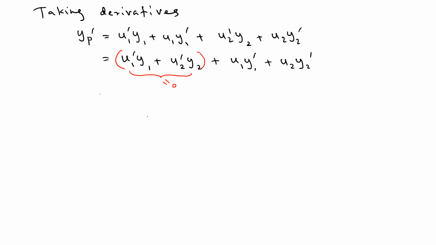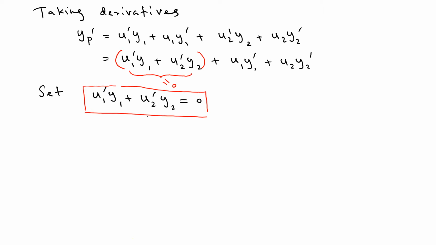We set u1 prime y1 plus u2 prime y2 equal to 0. That is the first equation that we're going to use to solve for u1 and u2. I'm going to call it equation number 1.